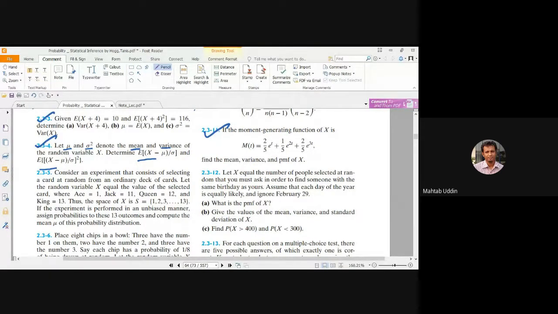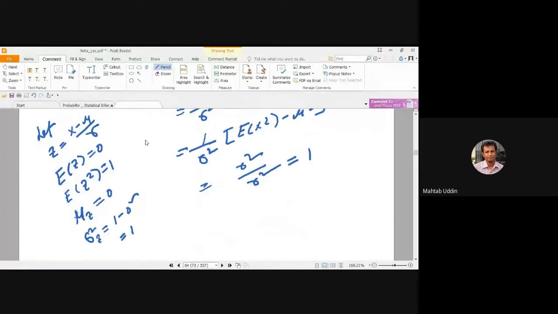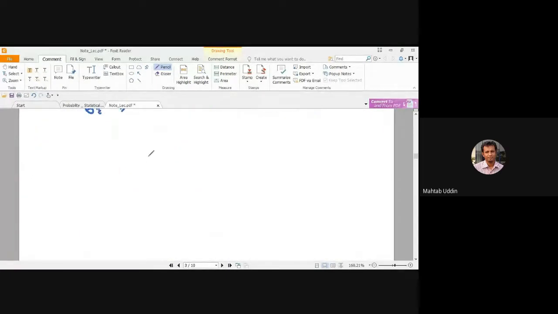Yes, sir. We have to find the mean, variance, and PMF of x for this function. Yes, this is the moment generating function. From the moment generating function, you have to find the mean, variance, and PMF. But how? Come forward.